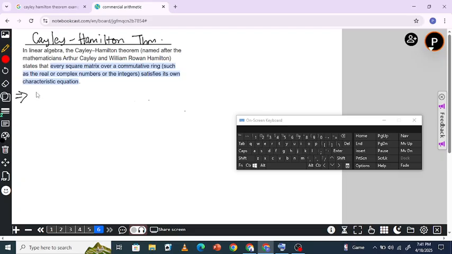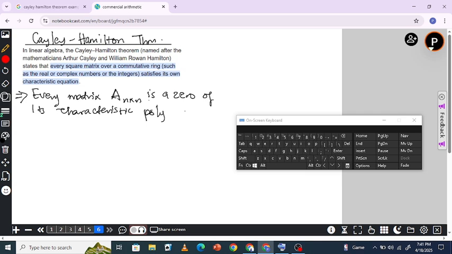Another statement of the Cayley-Hamilton theorem is that every matrix A, n by n, we are saying n by n because it's a square matrix, is a zero of its characteristic polynomial, not just equation. That means P_A of A will give us a 0.